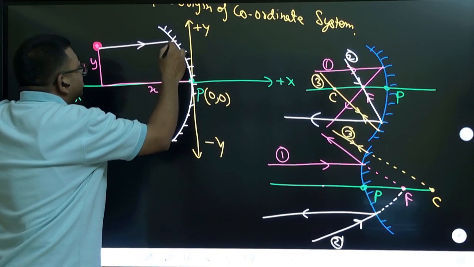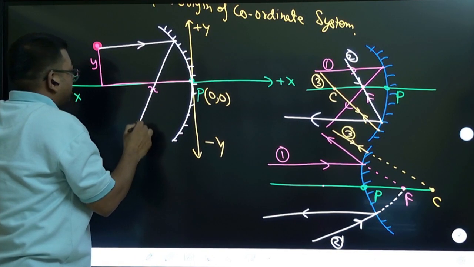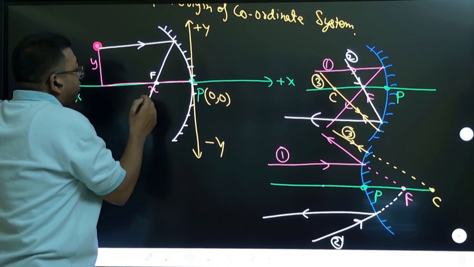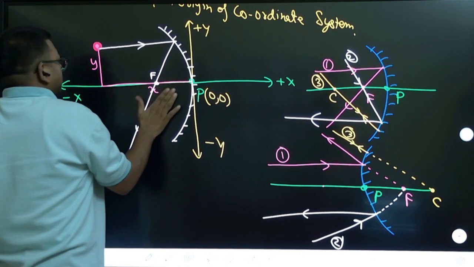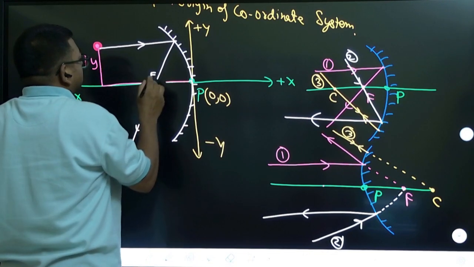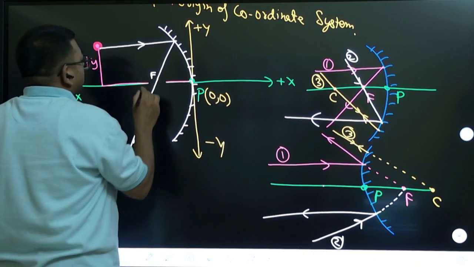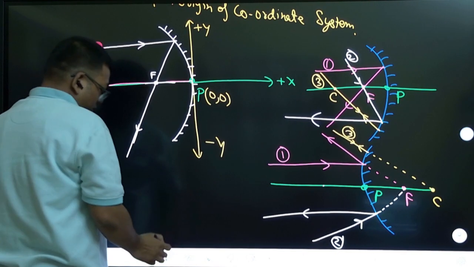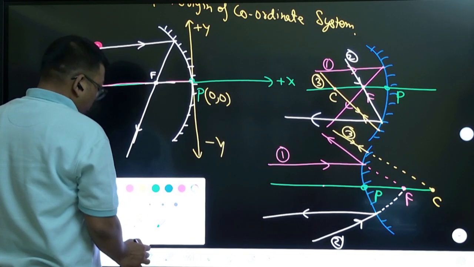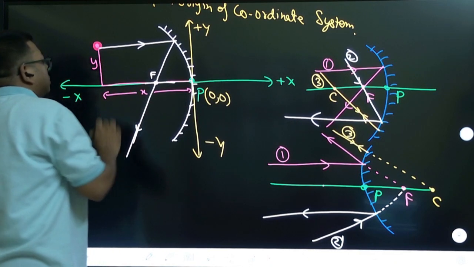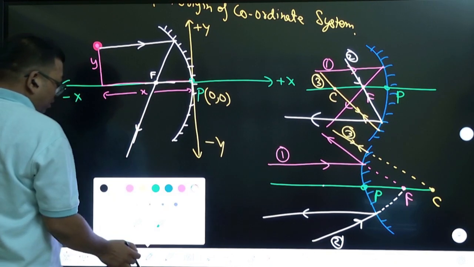This point is focus F. This point is x here. I have to show x here also. So this point is focus, and x is this distance.